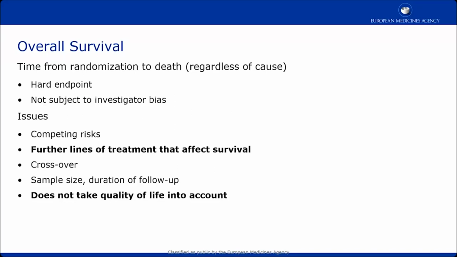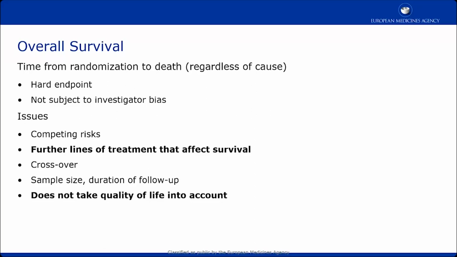And lastly, that it does not take quality of life into account. So think of prolonging survival for patients who are under uncontrollable pain or perhaps not conscious. I guess there will be different views on whether that is a clinically important endpoint.